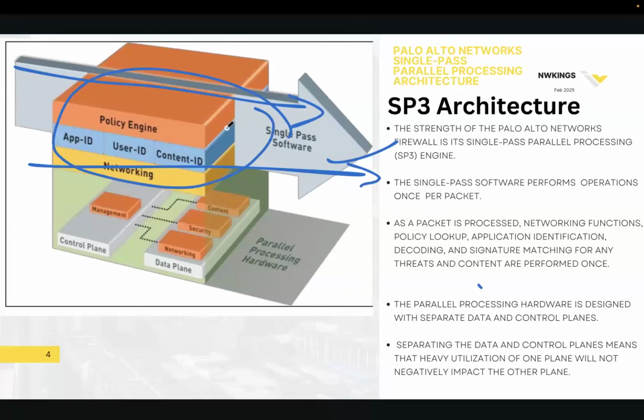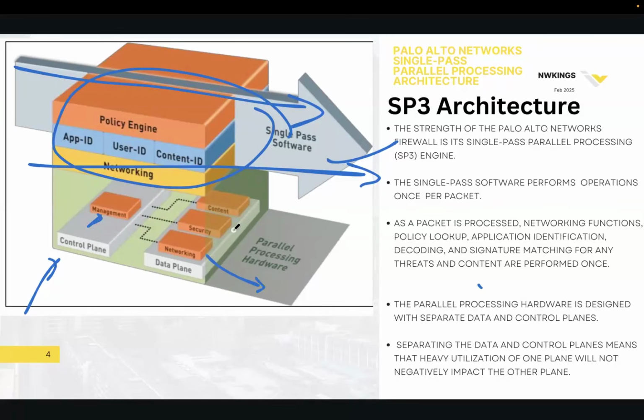Physically, the firewall has different RAMs as well, different RAM for different functionality. It is not in any other firewall. They have dedicated RAM for the control plane and dedicated RAM for the data plane.